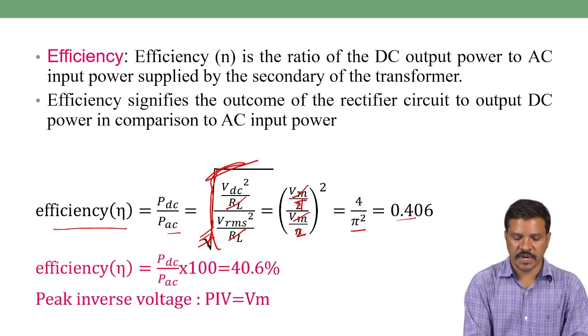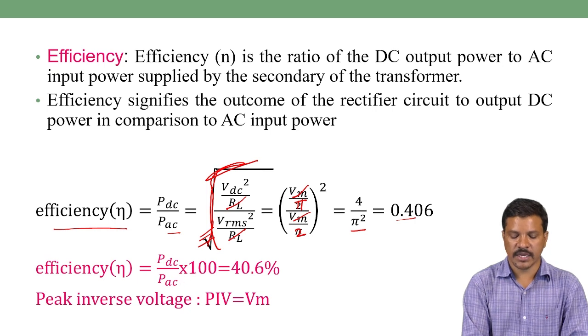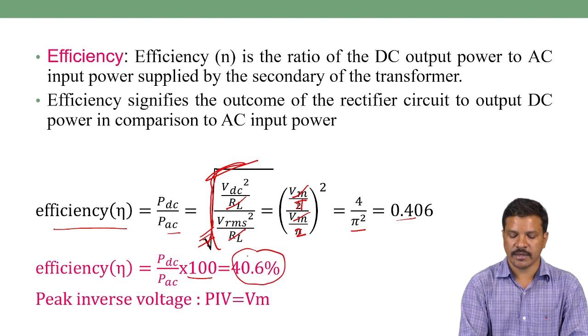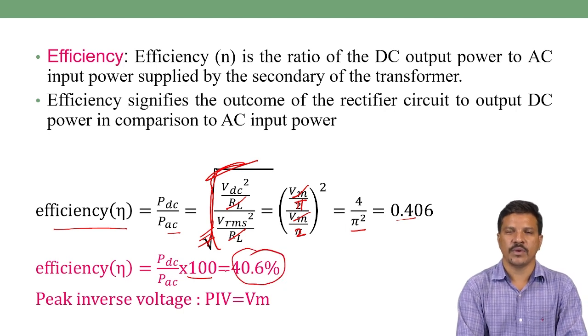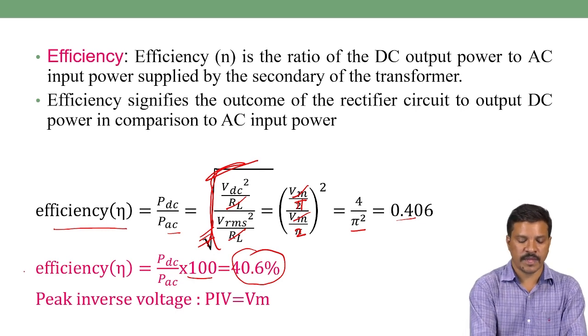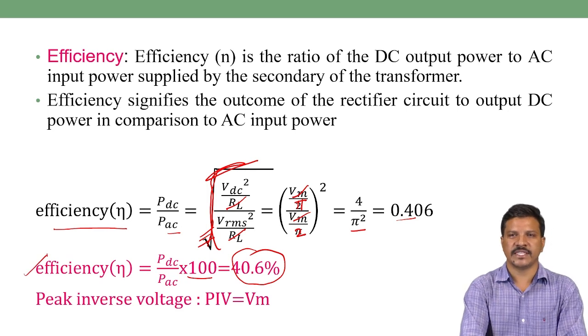So efficiency PDC by PAC into 100 in percentage, you will get 40%. So among 100, you will get only 40% of DC in the rectified output. So again, from the efficiency, we got only 40% of DC component available in the rectified output, so we can't use it in practical applications.